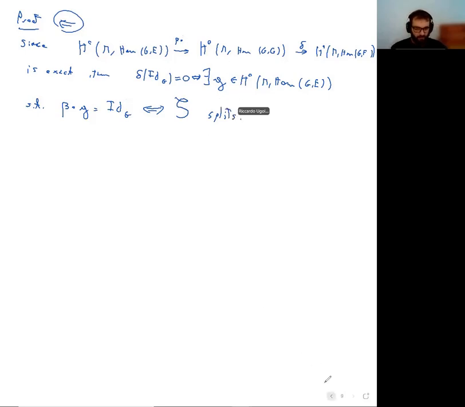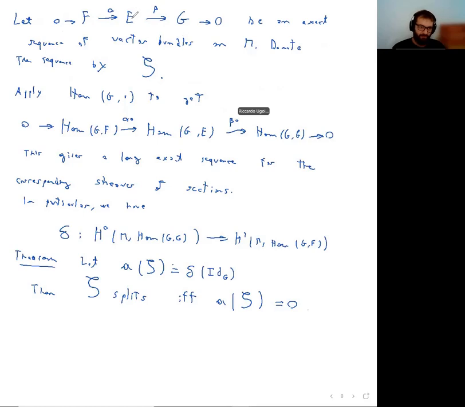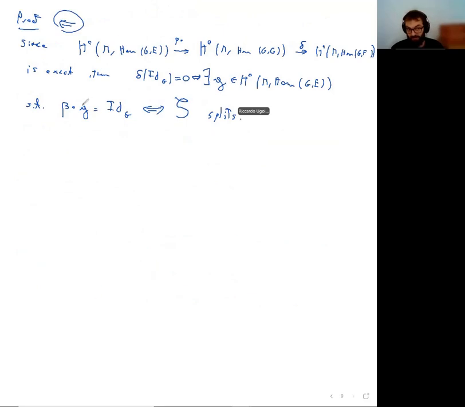Yeah, because remember, the sequence splits means that there is a map from E to F, which is basically the inverse of alpha, but this is equivalent to saying that there's also a map from G to E, which is basically the inverse of beta. So that's what we get. Okay. The opposite direction: if S splits, then there exists a g such that beta composed with g is the identity.